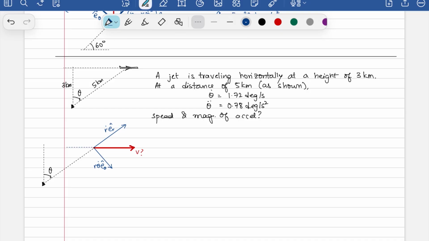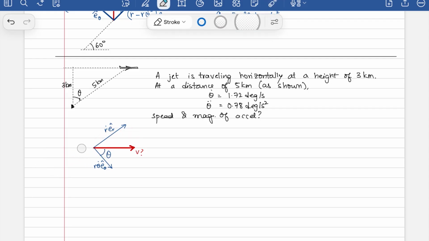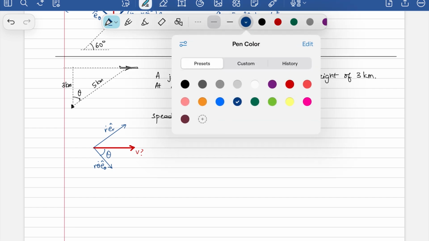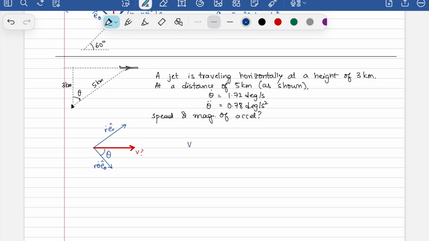This angle here is going to be 90 minus theta, which means this is also 90 minus theta, which means this here is theta. So what does this allow us to write now? We have the component of velocity in this direction, v cos theta, is going to be equal to r theta dot. Then we have v sine theta is equal to r dot.